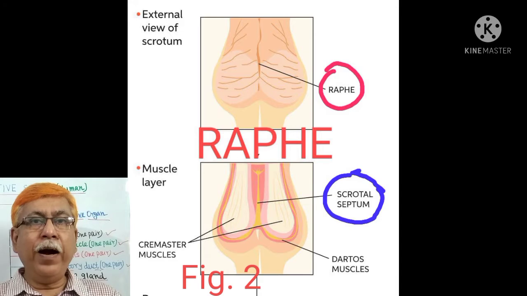The two compartments of the scrotum are distinguished externally by a middle ridge called raphe. In this figure, you will find raphe and scrotal septum.